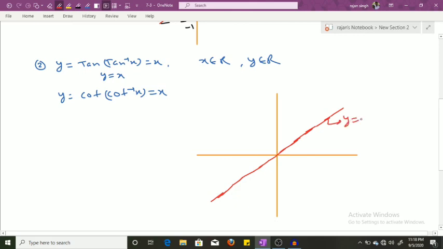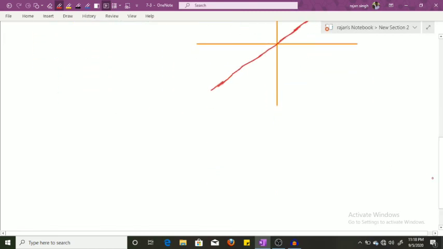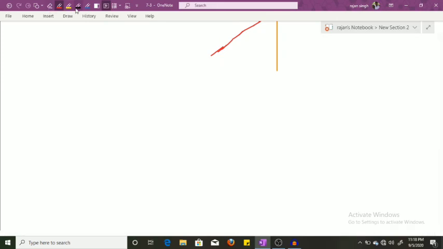What is this? Y equal to cot, simply y equal to x I am writing. You understand what they are. That's your graph. Very easy, if you understand one of them, then you can understand every one of them.